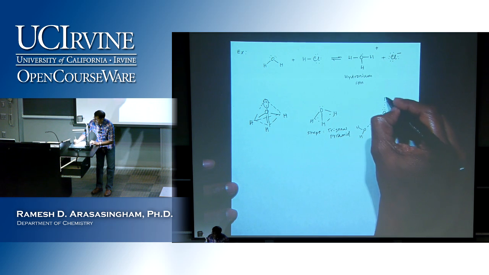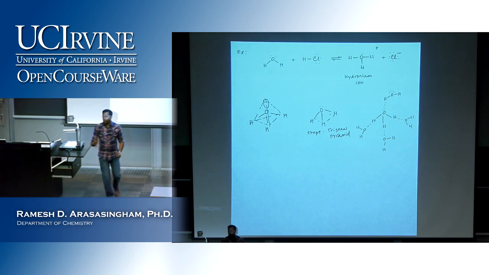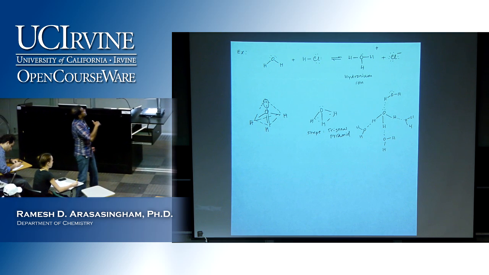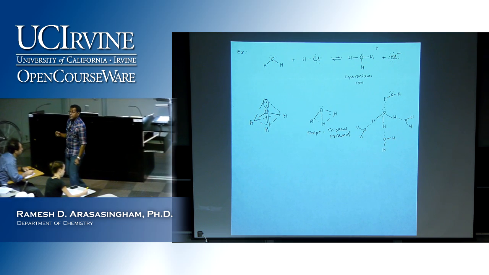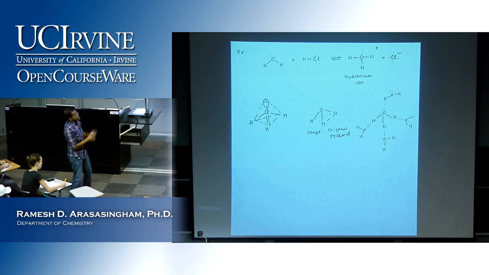Remember, each of these hydrogens can act as a hydrogen atom donor to form a hydrogen bond with another water molecule. The oxygen has 1 lone pair and it can act as a hydrogen atom acceptor, and so it can form this hydrogen bonding interaction.